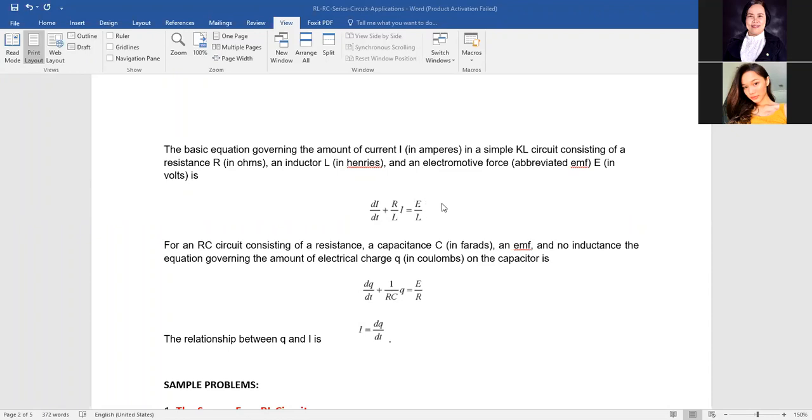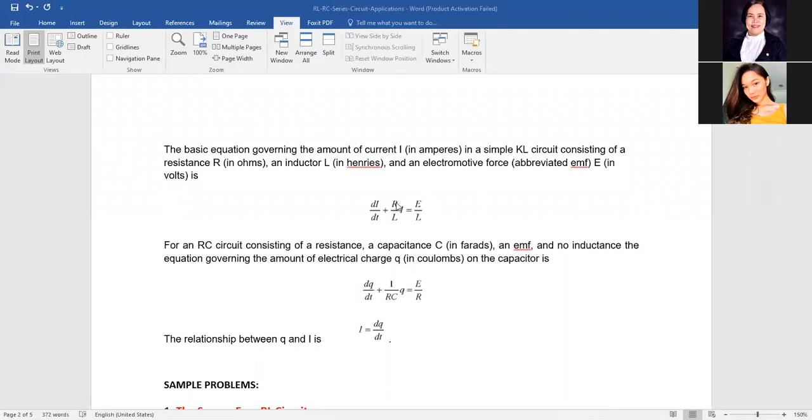So for an RL circuit, your equation is a first order differential equation which has the unknown function I, the current, and the independent variable time. The R and the L are most of the time constants.